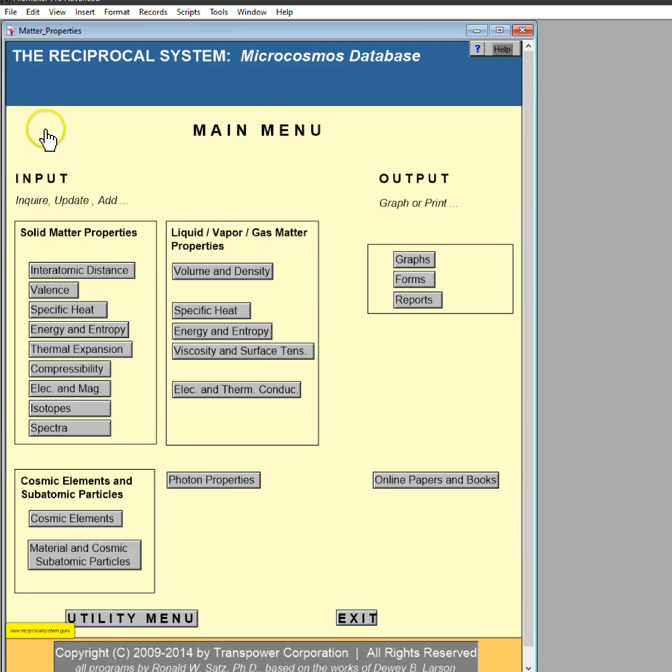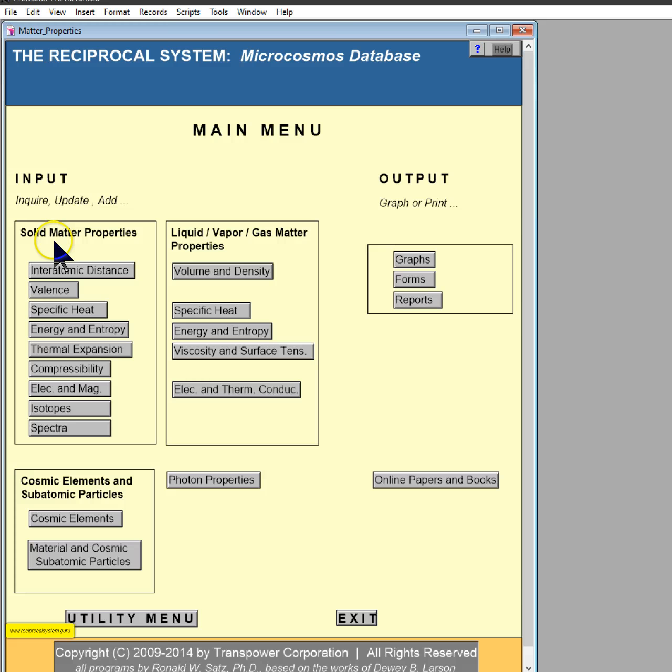The Microcosmos database covers interatomic distance, valence, specific heat of solids, and also energy and entropy, thermal expansion, compressibility, electrical and magnetic properties, isotopes, and atomic spectra, liquid, vapor, and gas matter properties, volume and density, specific heat, energy and entropy, viscosity and surface tension, electrical and thermal conductivity.